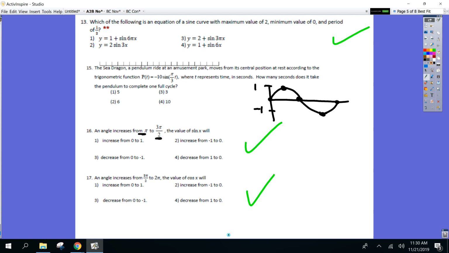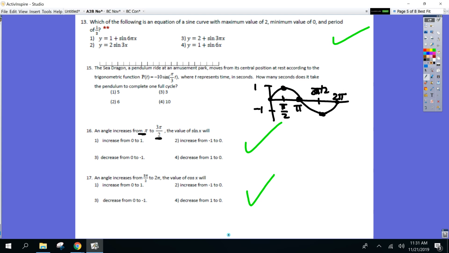Well, where do I start? 0. Remember this is going way back to day 1. The next key value, pi over 2. Next one, pi. Next one, 3 pi over 2, and then always ends at, for the basic curve, yes.